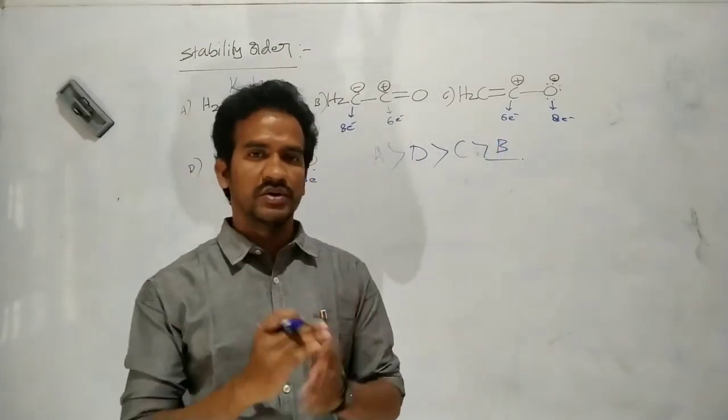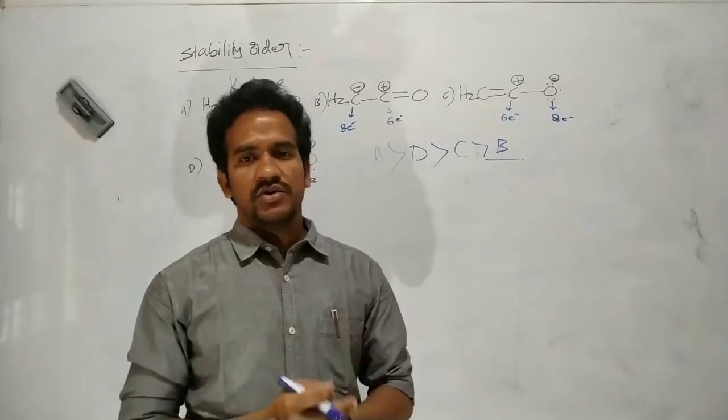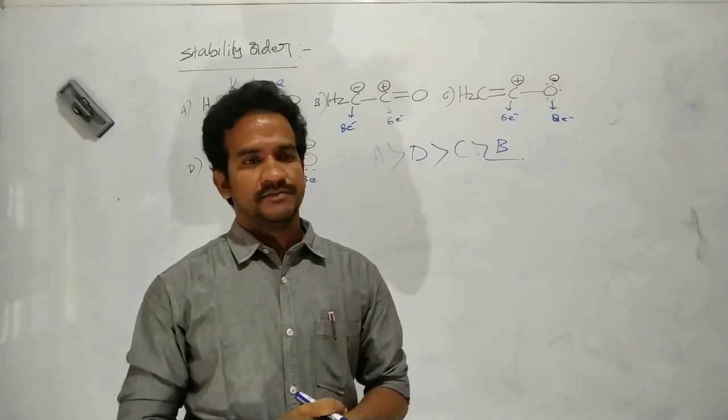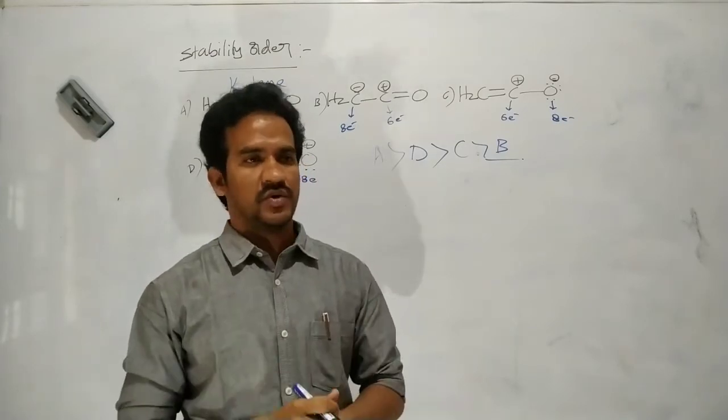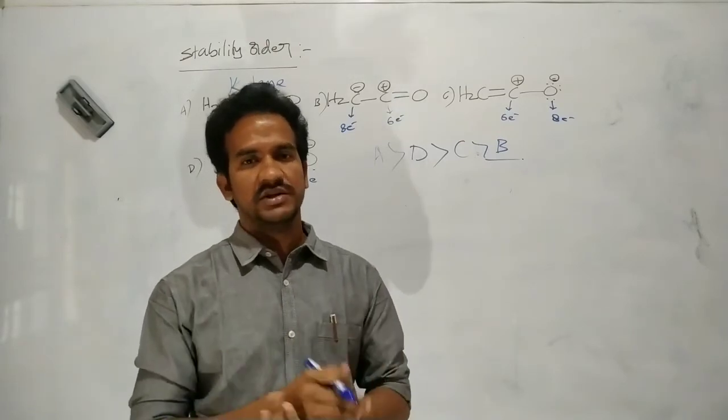First, the neutral molecule is more stable, and next every atom must have the octet configuration, and if all atoms have the octet configuration, then decide based on the charges.